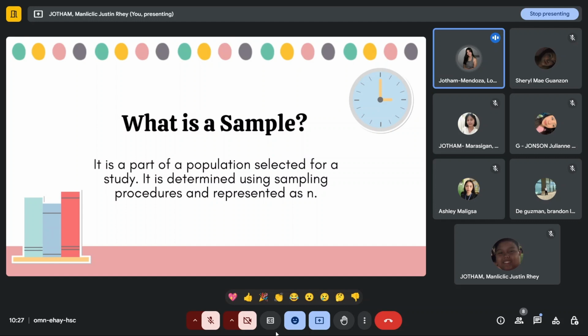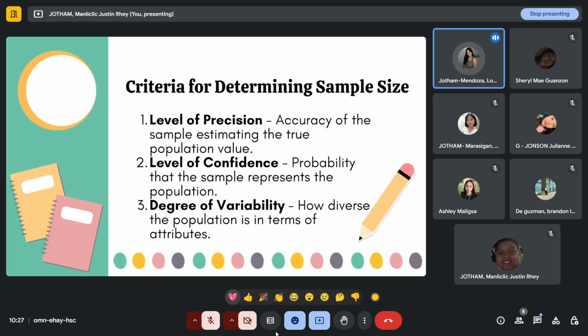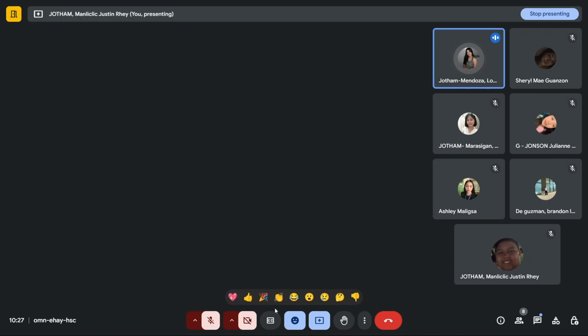So there are three main factors to consider when determining sample size. The first one is the level of precision or how close the sample estimate is to the true population value. The next one is the level of confidence. It is the probability that the sample truly represents the population. And lastly, the degree of variability or how different individuals in the population are from each other.